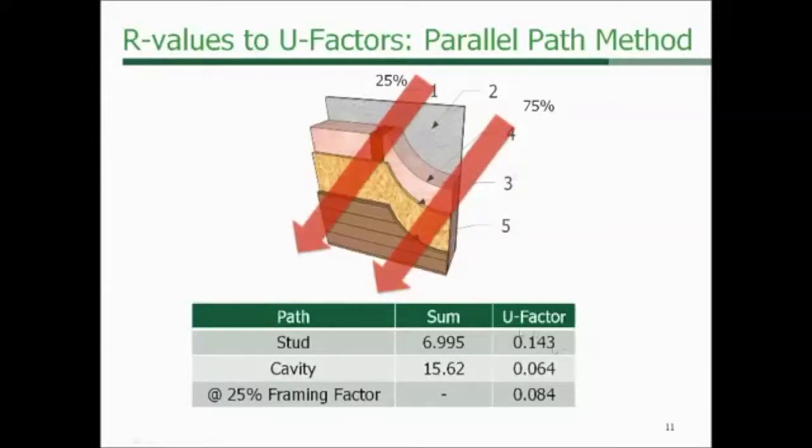We just take the U factor of the studs, multiply it by 0.25, or 25%, then add the 0.064 and multiply that by 0.75. 75% is going through the cavity. And we add those two together and we get an overall U factor of the assembly, 0.084.